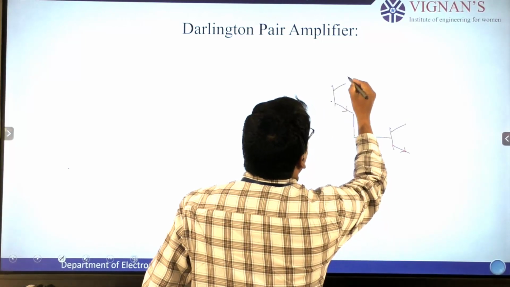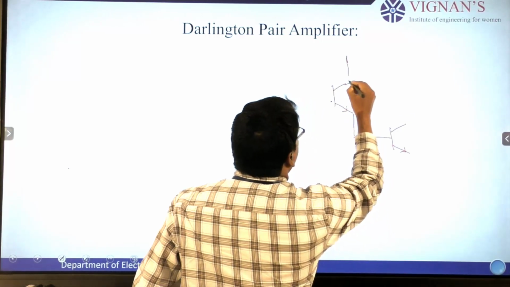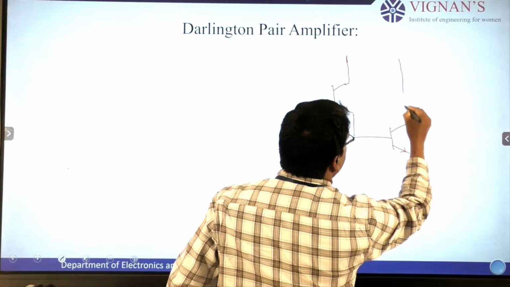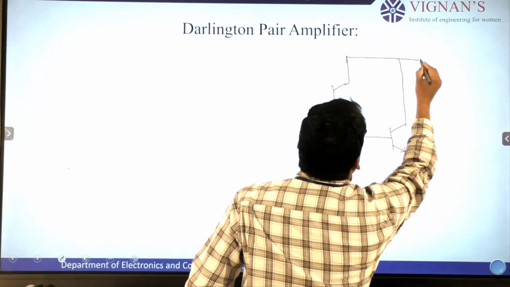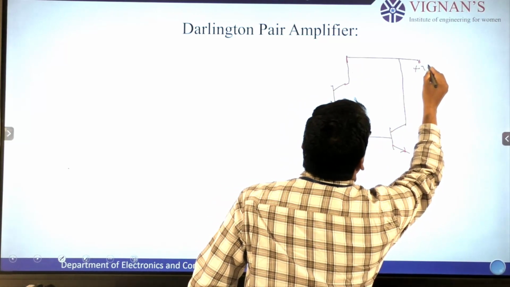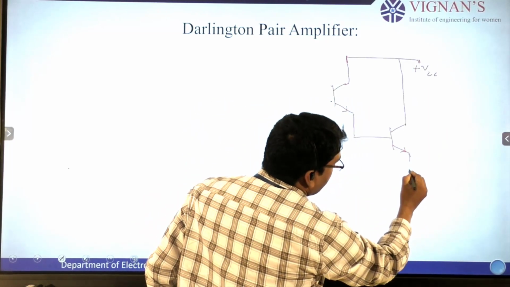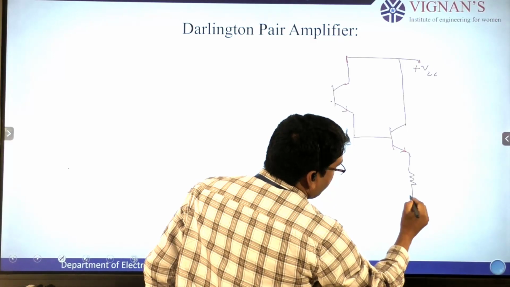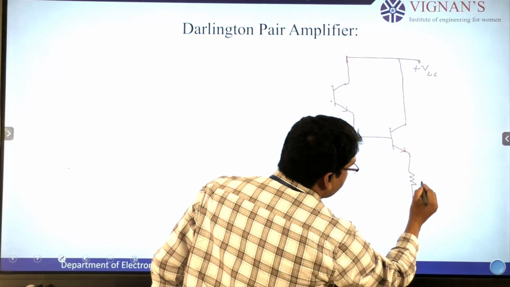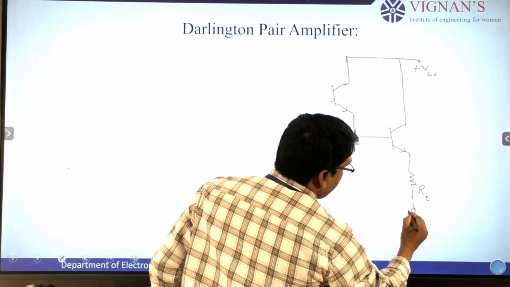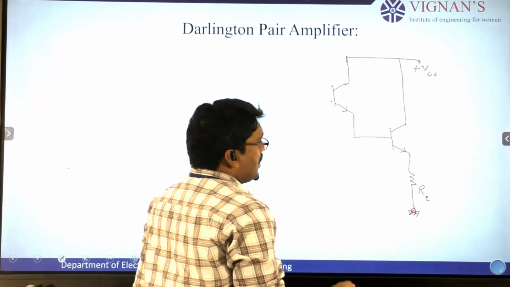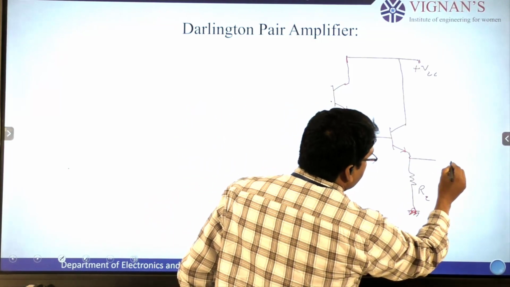Here, the collector terminals of both the transistors are connected to the power supply plus VCC, and the load is connected to the emitter terminal of the second transistor.